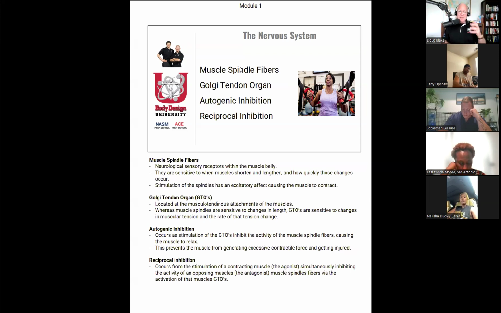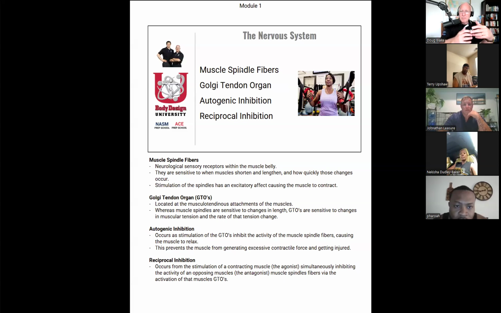The key here is that the stimulation of muscle spindle fibers tells the muscle to do what? Contract. When the muscle spindle fibers inside a particular muscle, like your biceps, are stimulated, they tell the muscle, through electrical stimulation of the nerve cells, to tighten up and contract.